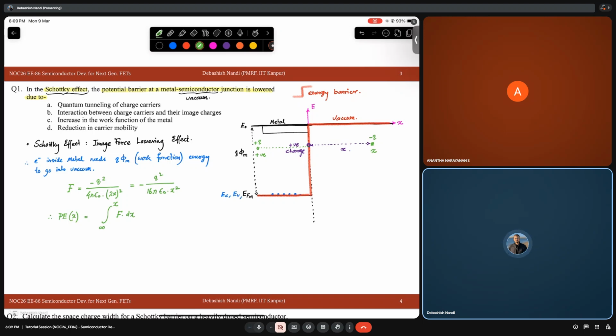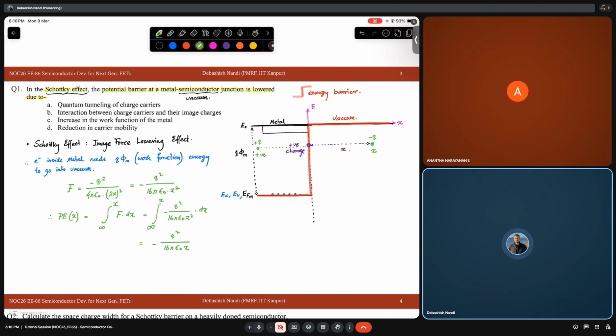So this can be computed by integrating from infinity to x: minus q square divided by 16 pi epsilon 0 x square dx will give me minus q square over 16 pi epsilon 0 x.